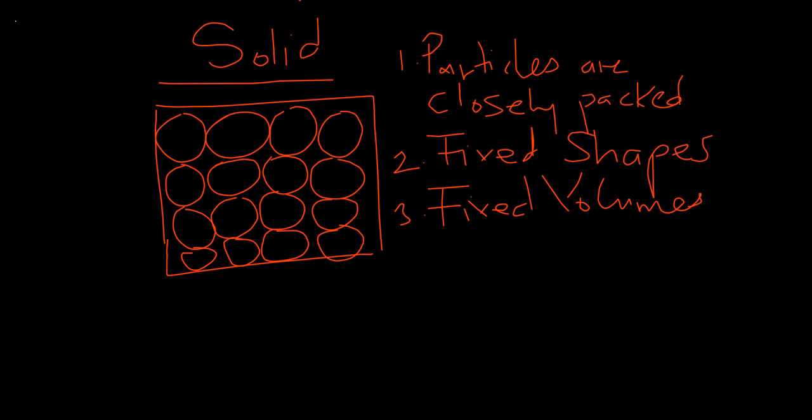Okay, so let's look at the lattice structure of the solid matter again. We said the first property indicated that the particles are closely packed. The question is, why are those particles closely packed? The simple answer is that they are packed because there is a stronger force of attraction that holds them together.